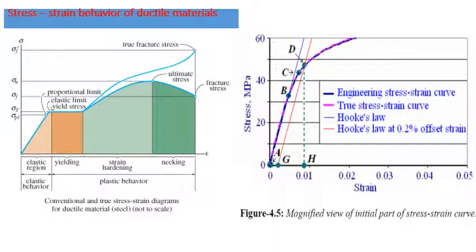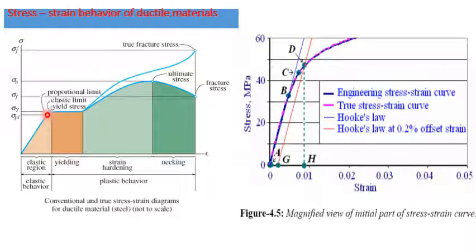So now as we move on, once we take an example of a ductile material, the stress strain curve will look like this. The linearity, that is the linear proportionality between stress and strain, is called Hooke's law, where it says within the elastic limit the stress is directly proportional to the strain.